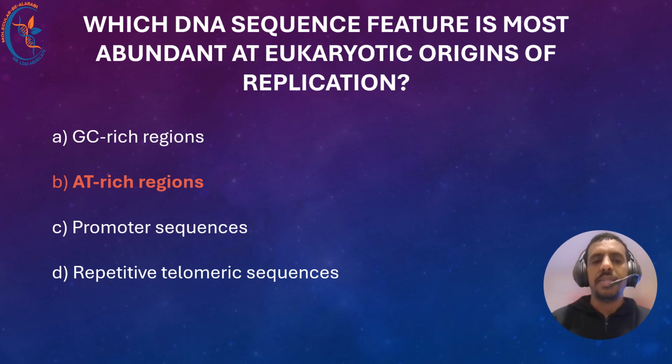The correct answer is AT-rich region, as AT-rich regions are easier to unwind because adenine-thymine base pairs have only two hydrogen bonds. All right. So the correct answer is AT-rich region.